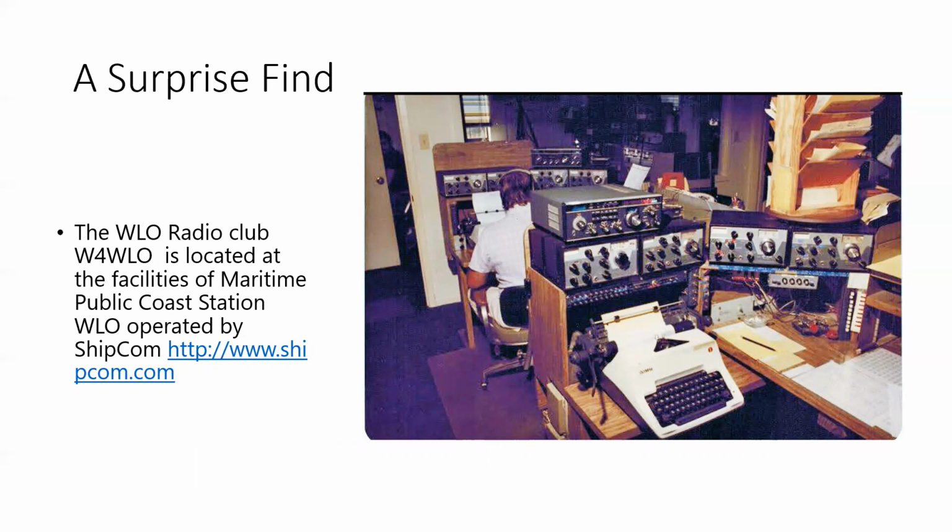What I can get on it now is that it's a maritime public coast station operated by Shipcom. It's a high seas, two-way, commercial radio. Yeah, I had a friend that worked there. They got antennas like 700-foot towers and stuff like that.